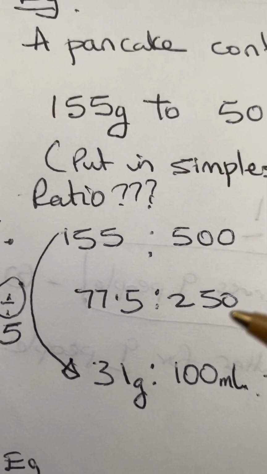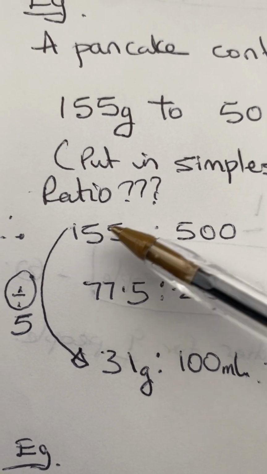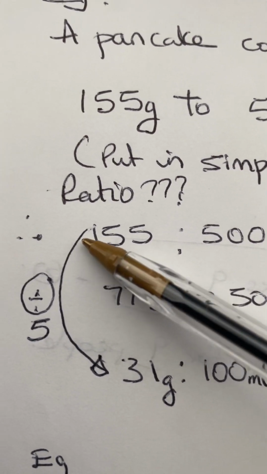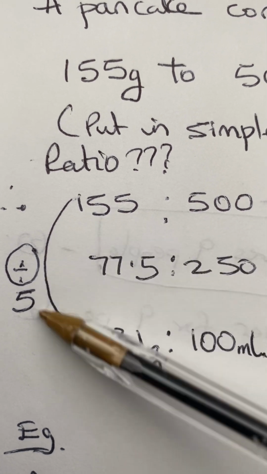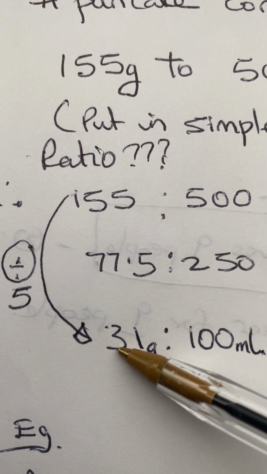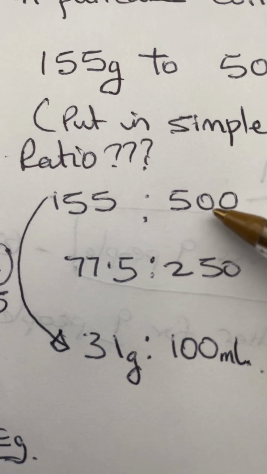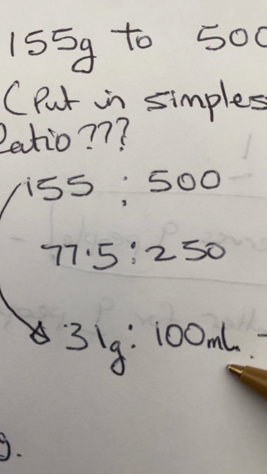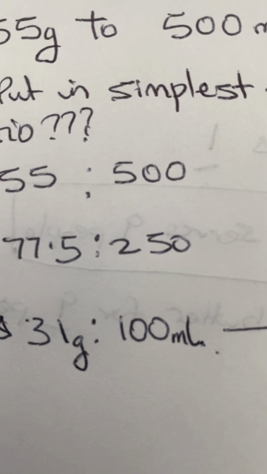Now, the easiest way to do this is to divide 155 by 5. So if you divide 155 by 5, straight away you get 31 grams. 500 times 5 divided by 5, you get 100 milligrams. That is the simplest form.